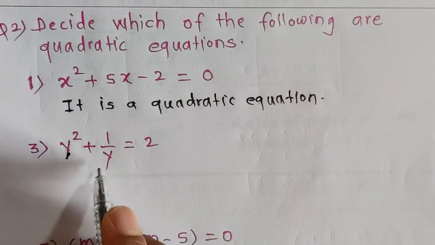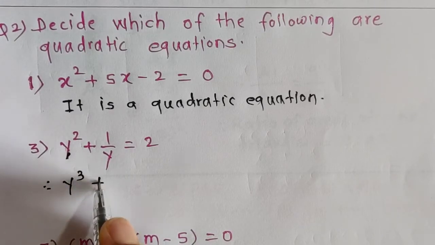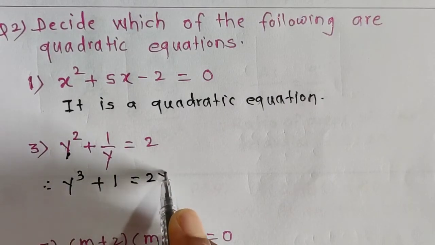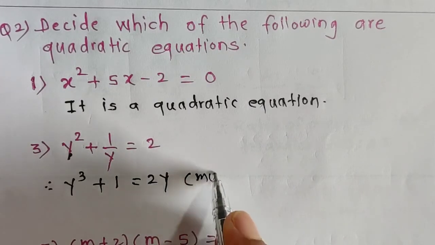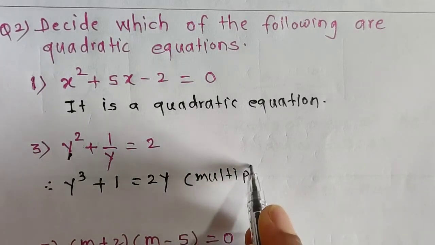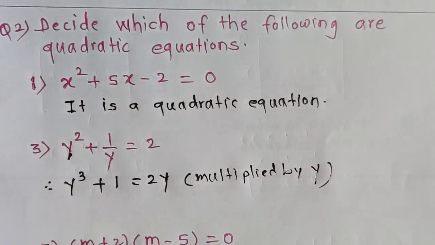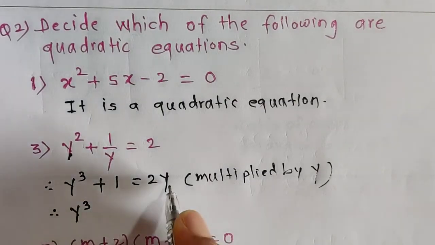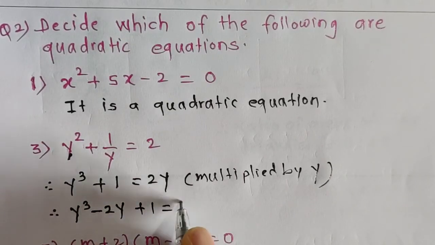We get y into y square is y cube, plus, when we multiply by y, it gets cancelled, is equal to 2y. Here we multiplied by y. Now simplify the equation: y cube minus 2y plus 1 is equal to 0.